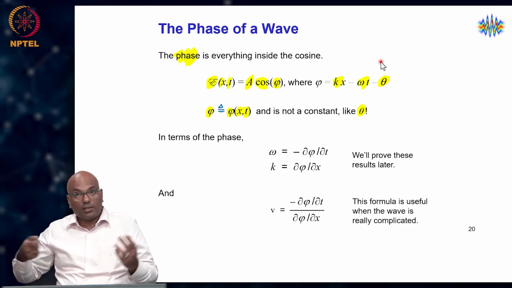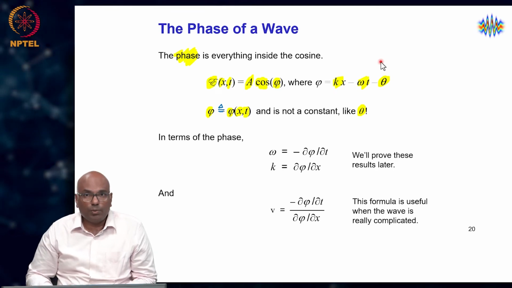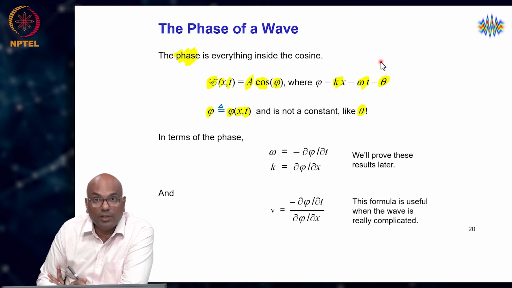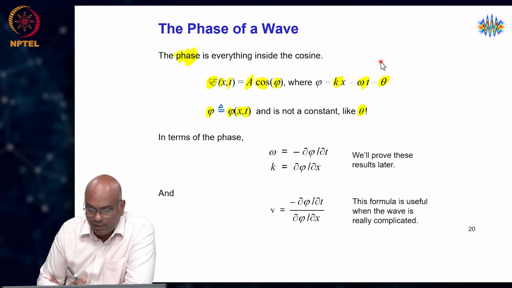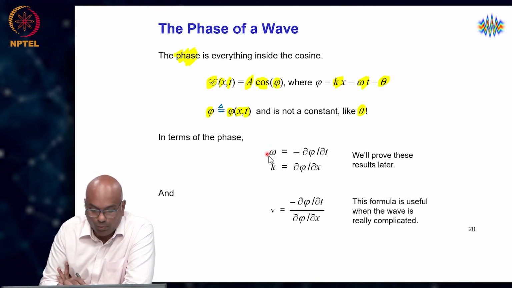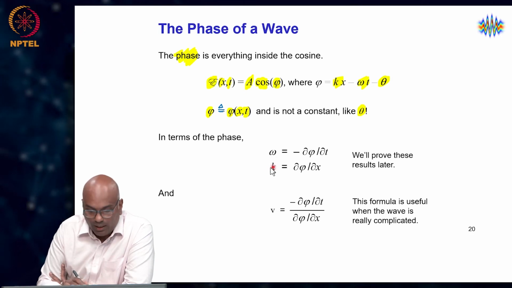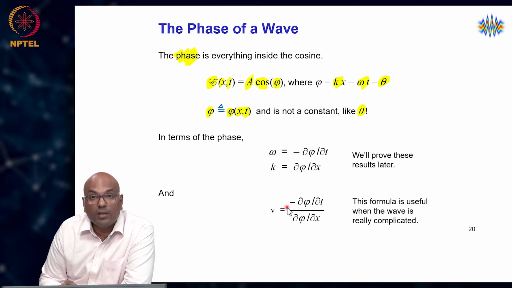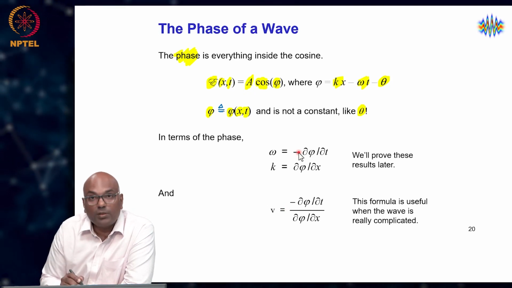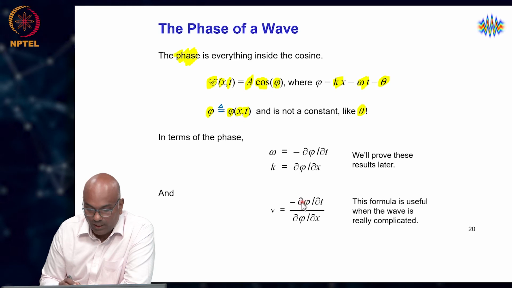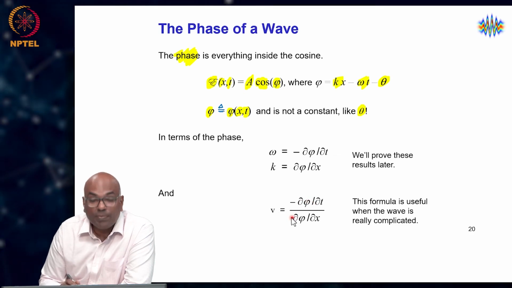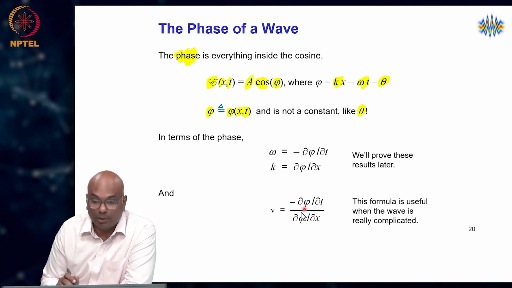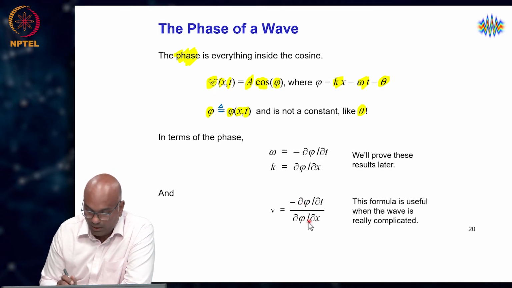If we take this account to be what it is, then the velocity of this cosinusoidal wave is essentially the ratio of omega and k. V was omega by k, therefore V is equal to this partial derivative, which is minus d phi by dt, divided by the partial derivative with respect to the spatial variable x, which is d phi by dx.